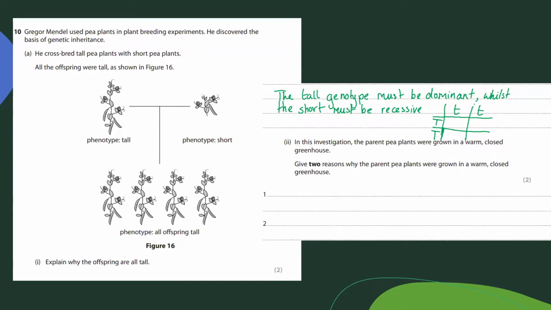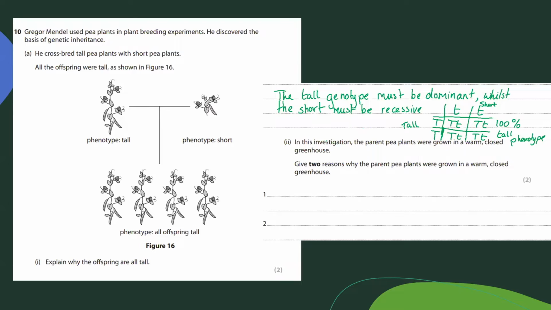So for the offspring, if you've got this parent and that parent, parent 1, parent 2, in the case of plants, obviously you don't say male and father unless the plants are male or female, but we don't know with these. Okay, T, T, T, T, they're all going to be the same, aren't they? This is the short parent. This is the tall parent. So 100% tall phenotype, what they look like. So it'll be expressed as being tall.